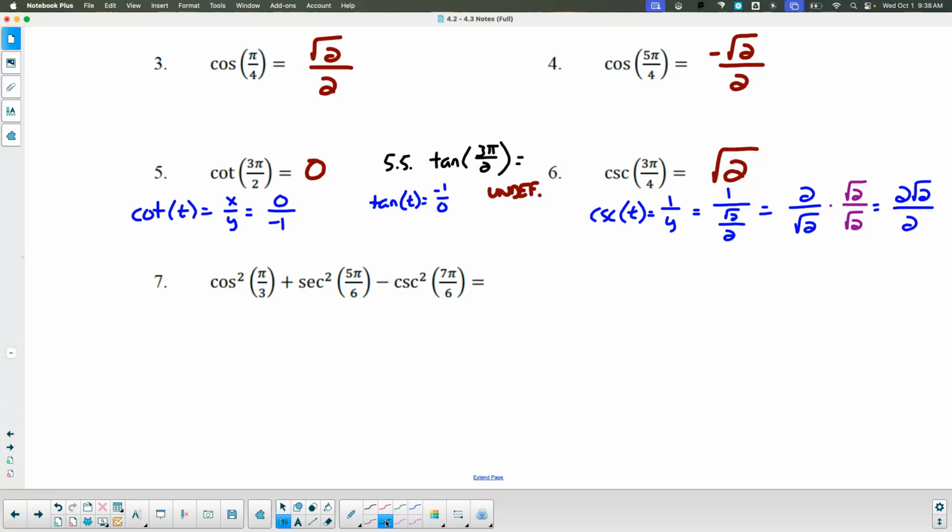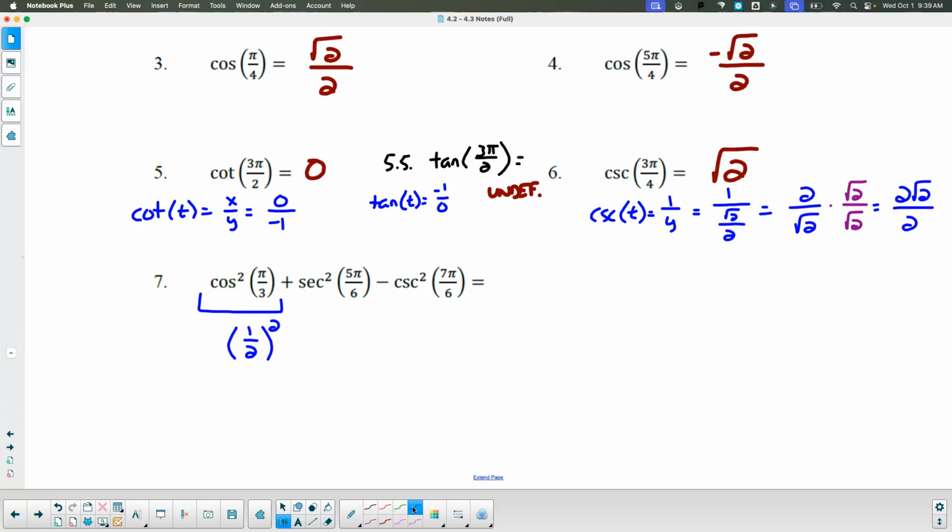When you get into some more complicated problems like number 7 here, it helps to just break them down into their individual parts. So for instance, the first part is cosine squared at pi over 3. What is the cosine at pi over 3? 1/2.